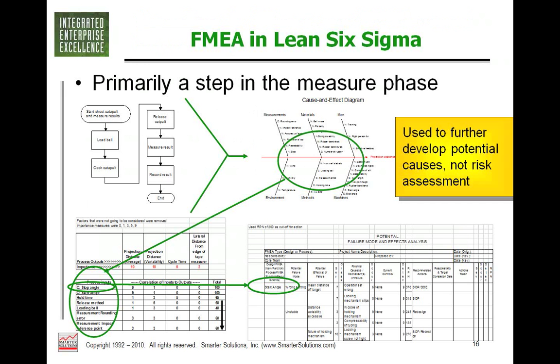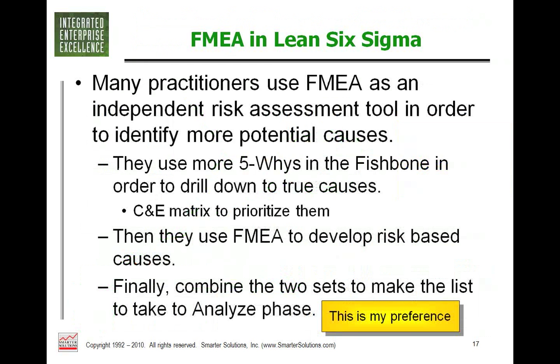Another way to do it is to look at each of the major steps, and then that can become the driver on the left-hand side of the FMEA. Practitioners often use an FMEA as basically an independent risk assessment tool so that they can look for more potential causes.